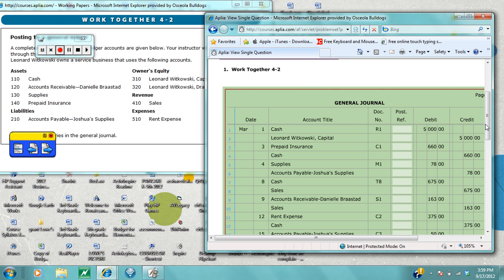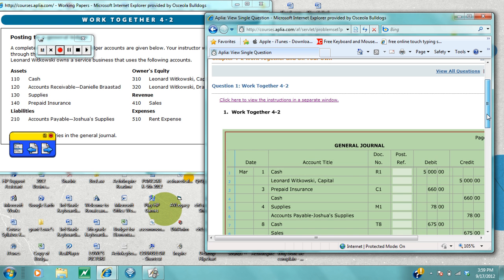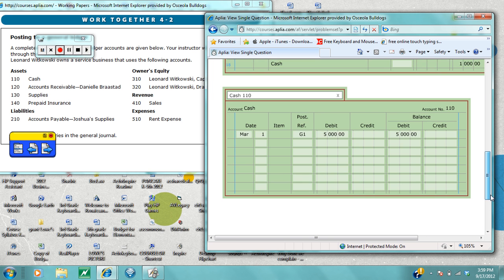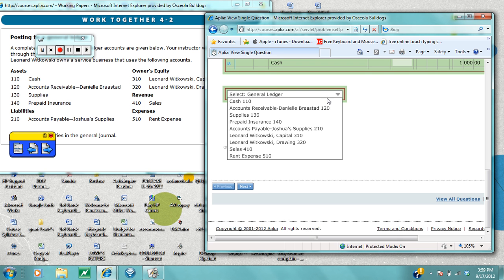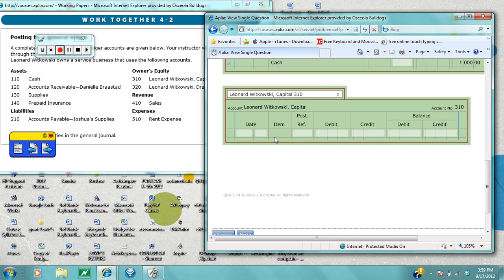Okay, then we take this account number 110 and we put it right here in the journal. Okay, now this is capital. We have to post his capital account. So you go down here, you click down, you find his capital account, you put in the date, it's March 1st.